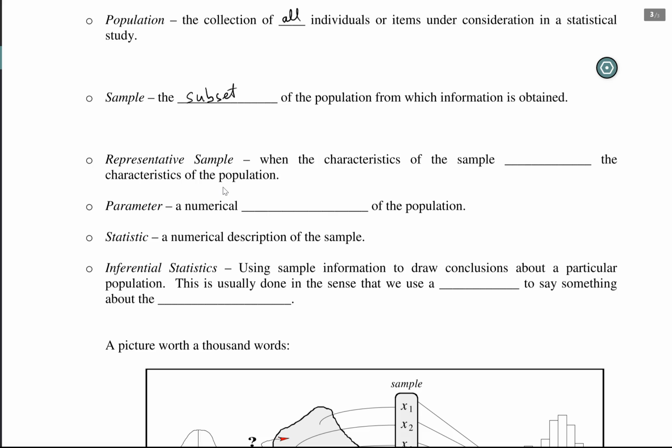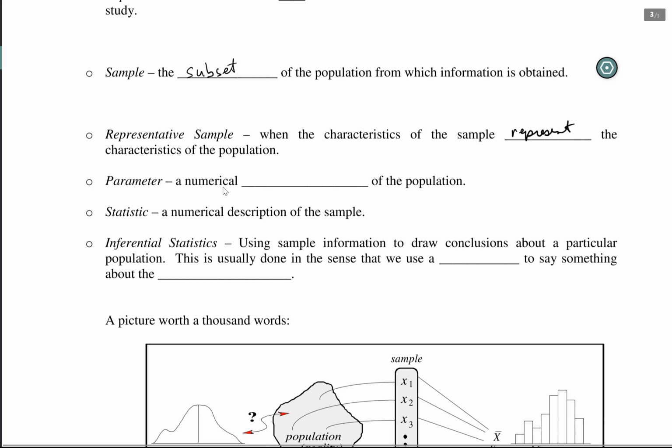A representative sample is when the characteristics of the sample represent the characteristics of the population. And you want this to occur. You want your, what's often said, your target population to be the same as your sampled population. If that's not the case, then any inferences you draw based on your sample can have some real problems to it.